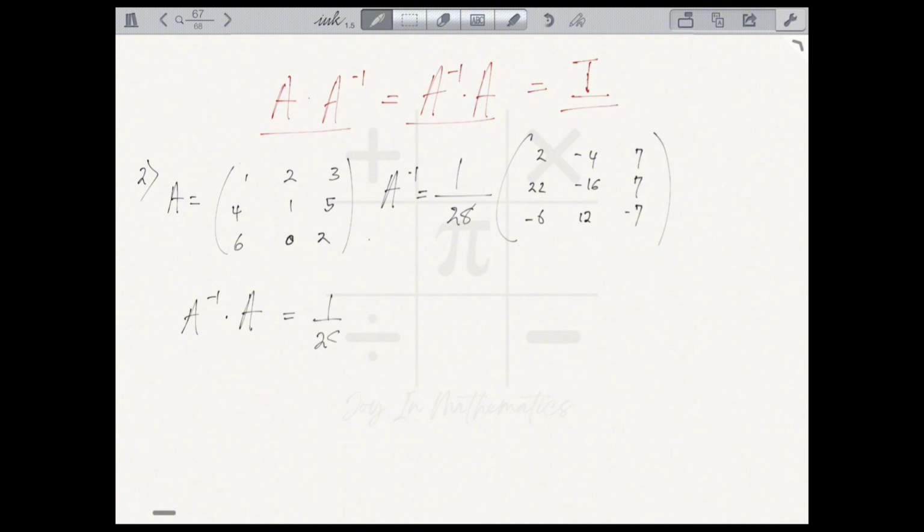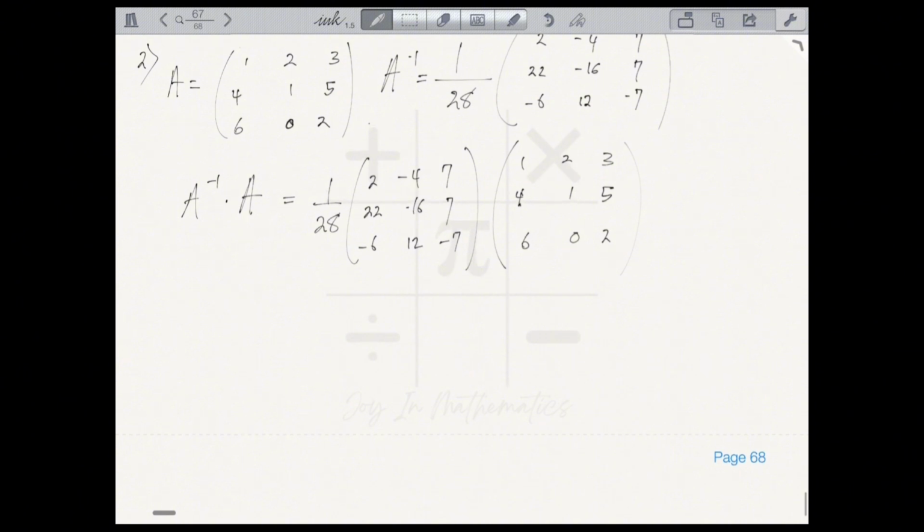That's 1 over 28 multiplied by 2, minus 4, 7, 22, minus 16, 7, minus 6, 12, and minus 7. And we are multiplying this by 1, 2, 3, 4, 1, 5, 6, 0, 2.